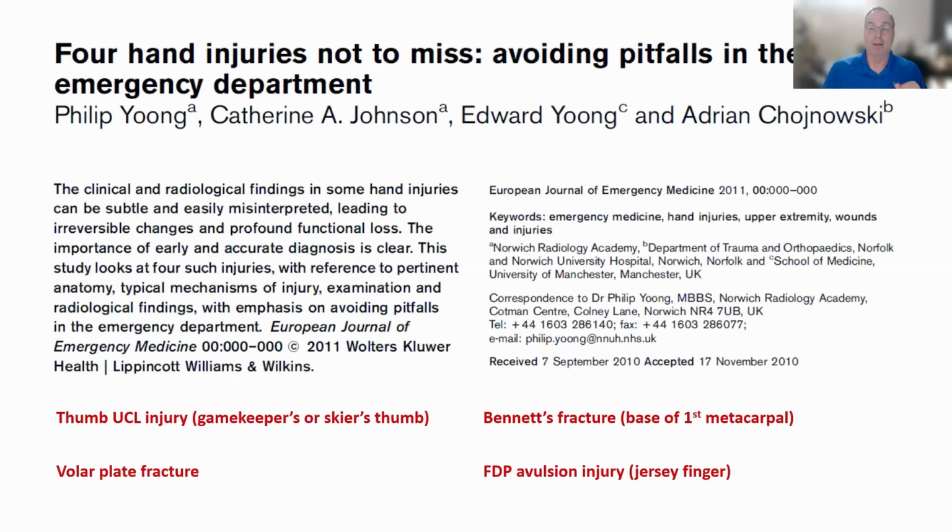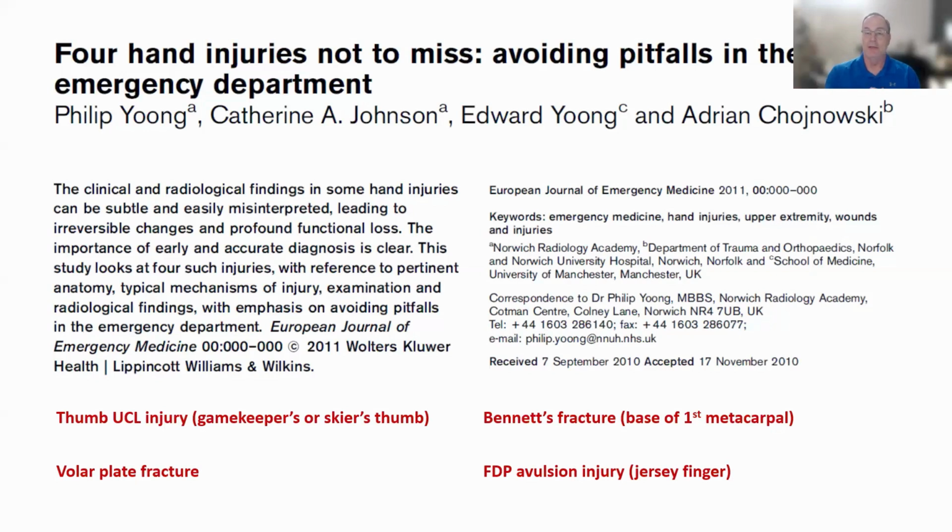So there's this article. Some of y'all may be familiar with this article that is published called "Four Hand Injuries Not to Miss in the Emergency Department," or if we're thinking about practicing in an acute care setting or a primary care setting. And we're going to talk about most of these tonight. An excellent article.